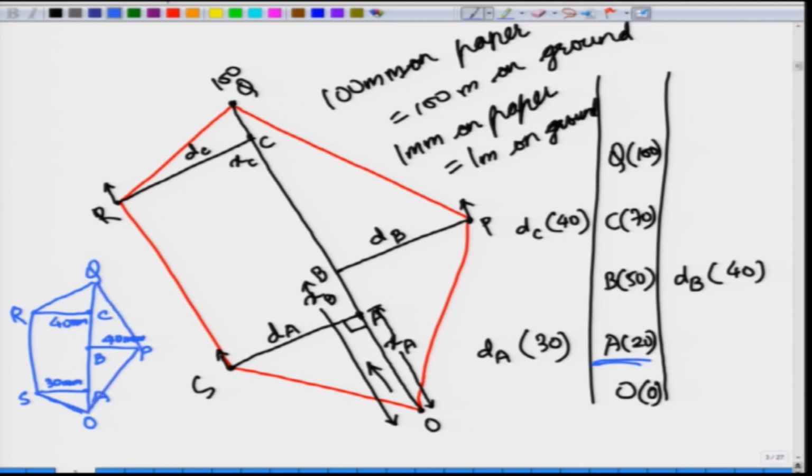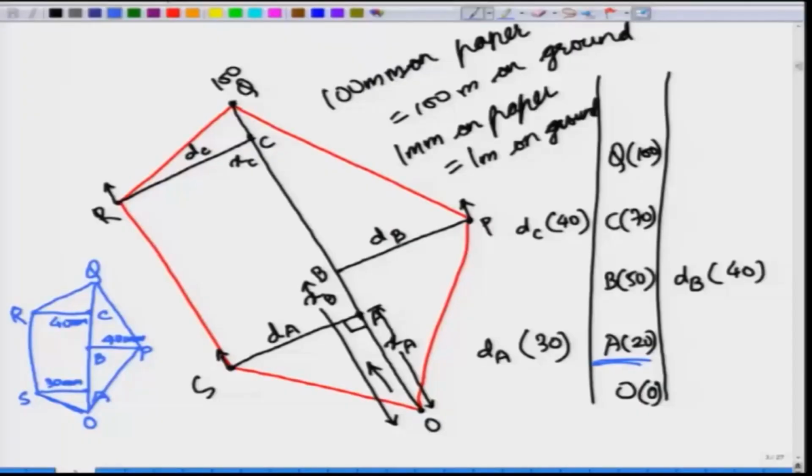And so, now you have represented the area on the ground on a sheet of paper. Now, what can be the use of such a measurement? You can measure the area of the region that you were surveying.